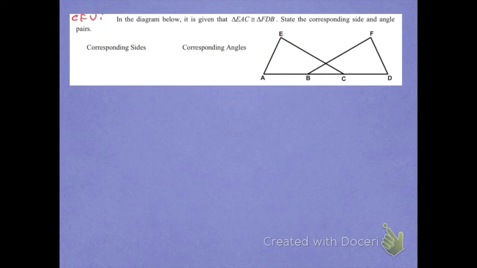Here is your CFU. In this CFU, it is already given to you that the 2 triangles are congruent. All I want you to state is the corresponding angles. And remember what corresponding means. It means same position.